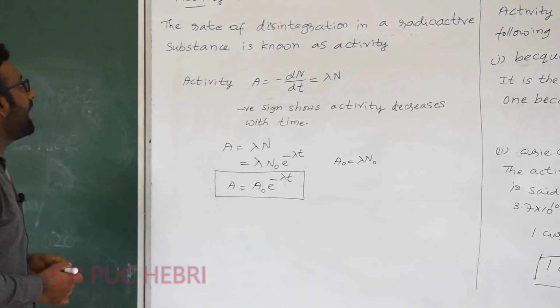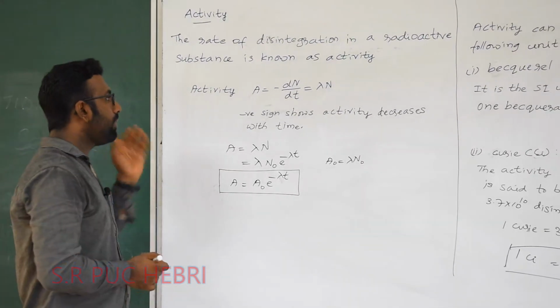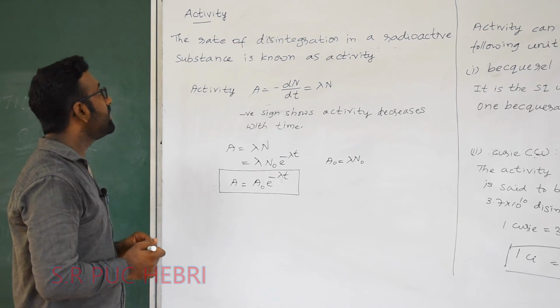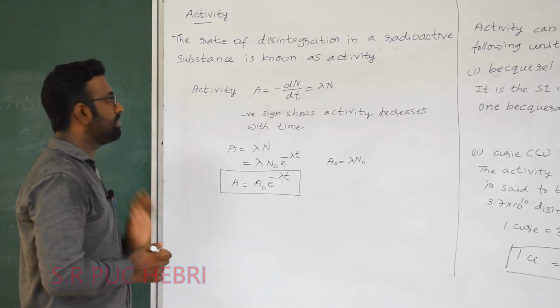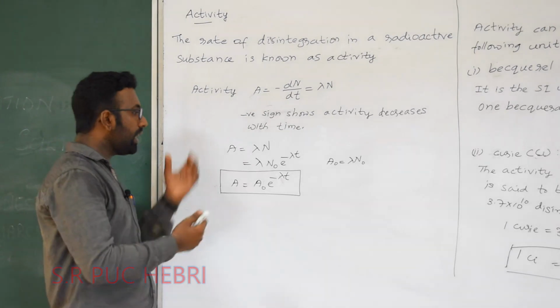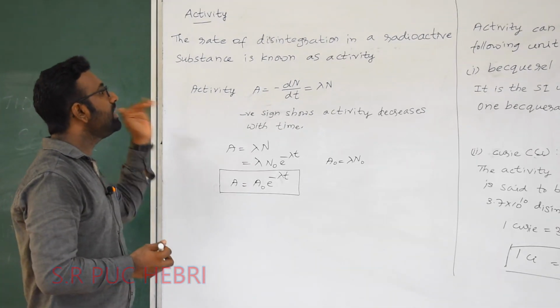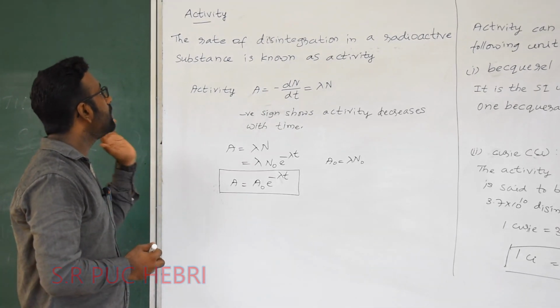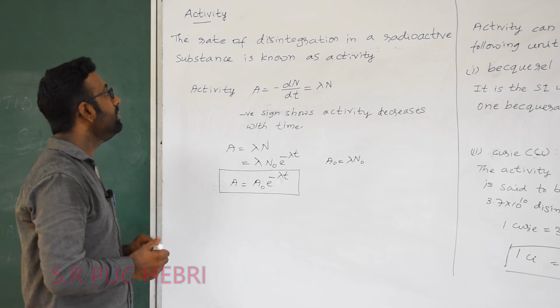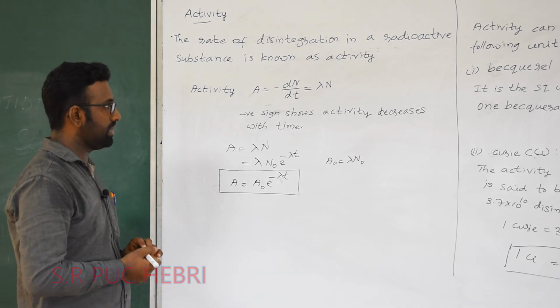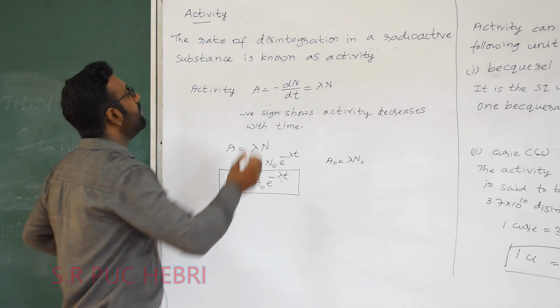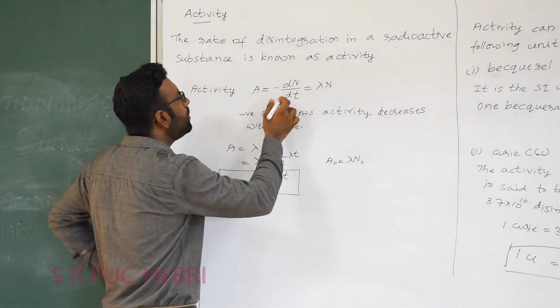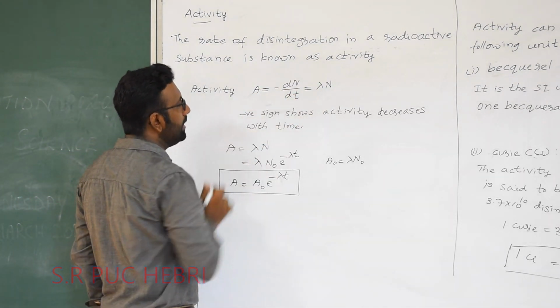Okay, we will see about activity now. Activity, as I have already mentioned, is the rate of disintegration in a radioactive substance. Whatever we have seen in the previous one is a very similar thing. So activity can be written as A is equal to minus dN divided by dt.